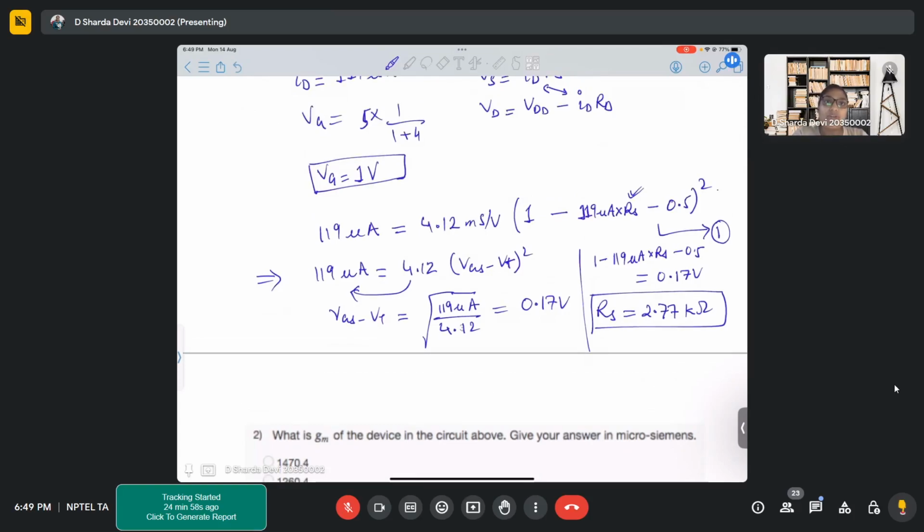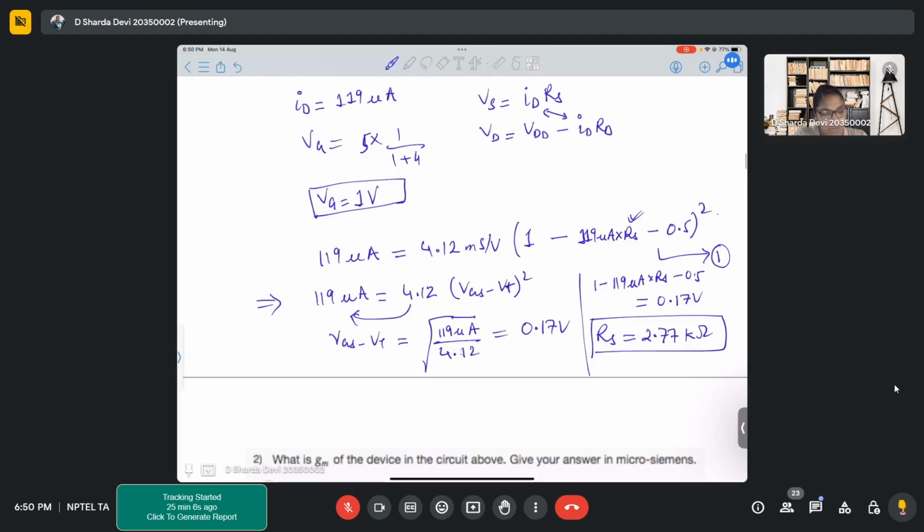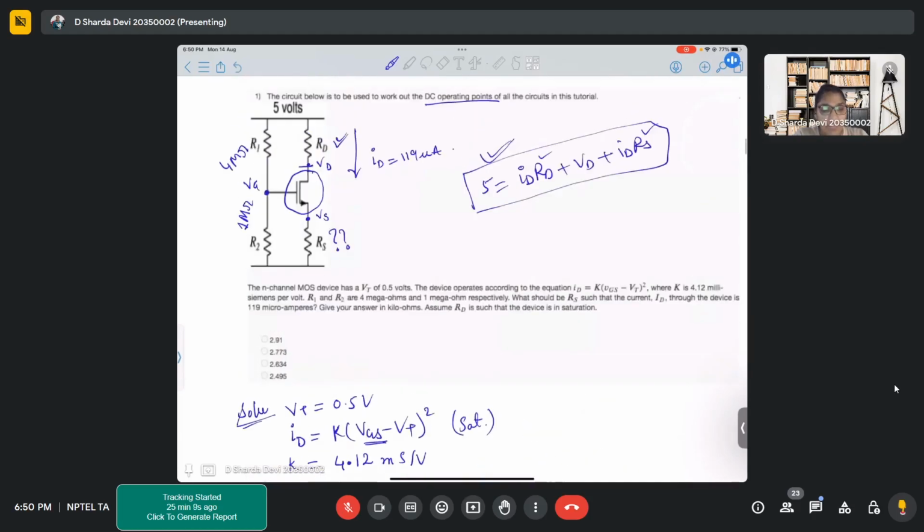So it is easier to solve a single equation with one variable than with two variables. Since you have found the value of RS, you can substitute it here and go ahead and solve. But starting with this particular equation is a tedious job and better avoided. So always start with equations with a smaller number of unknowns first. That is the key rule. Okay, ma'am. Thank you. Yeah, okay.